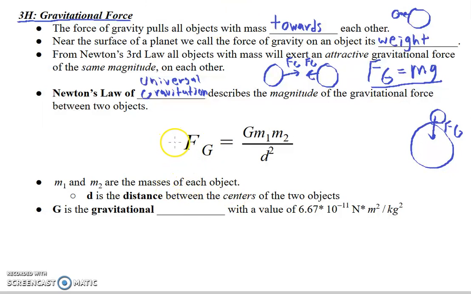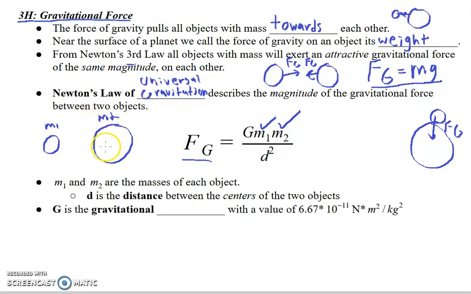It's right here. It's not too bad. We're going to go through what each thing means. We have the force of gravity on this side, and that's equivalent to the following. It's equivalent to the product of the two masses of the objects. Actually, let me draw it here. So let's say this is M1, M2.